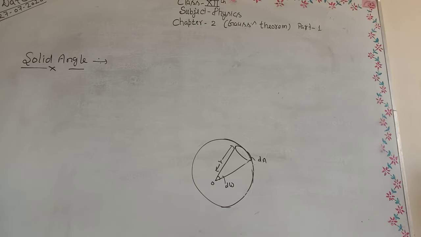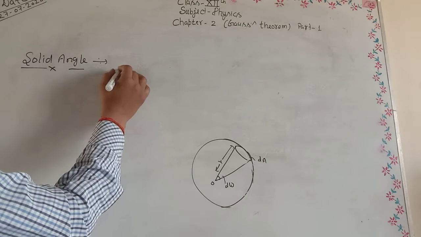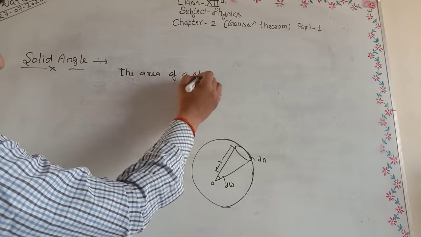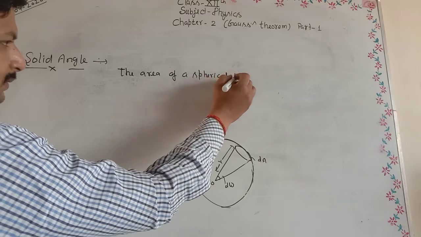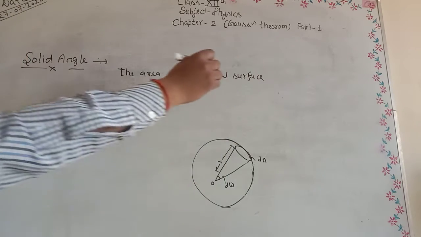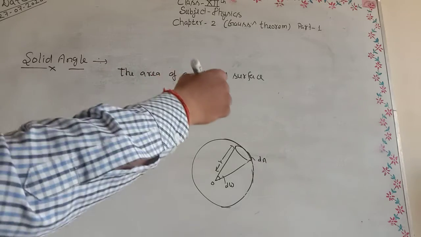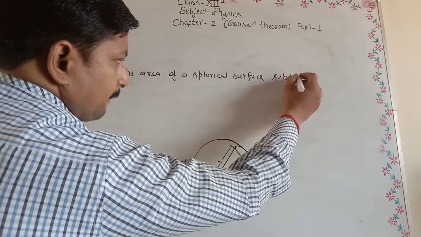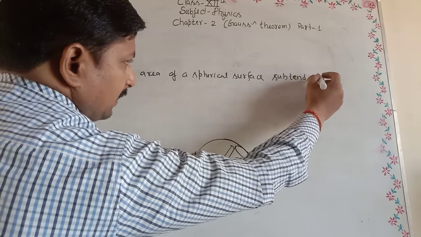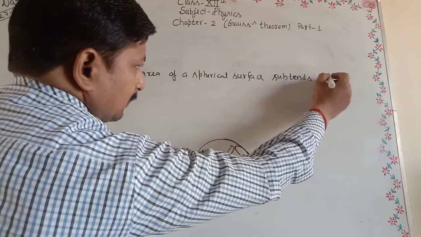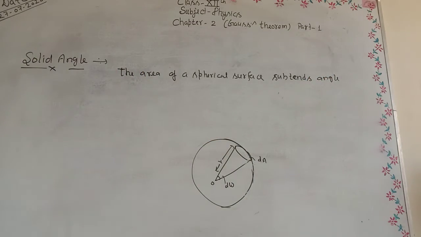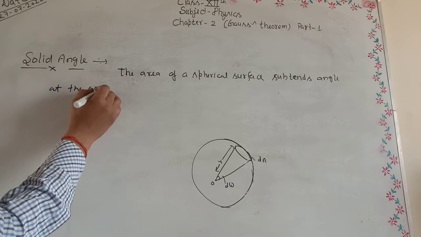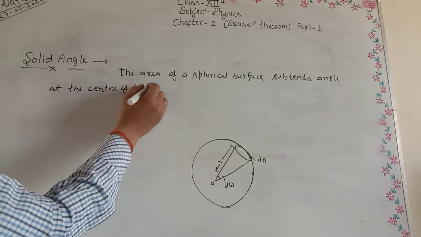Then the area of a spherical surface subtends an angle at the center of the sphere.